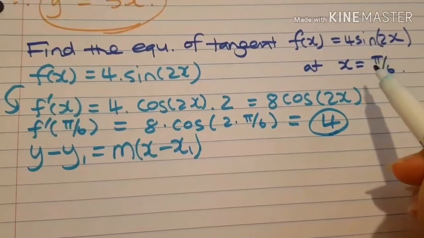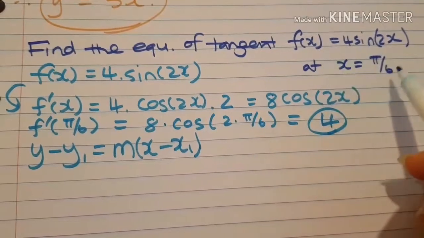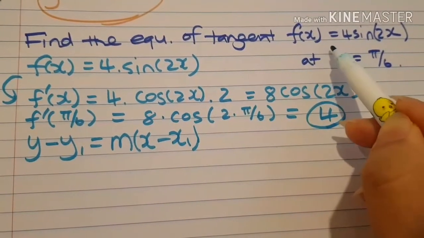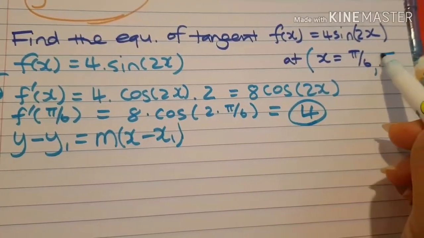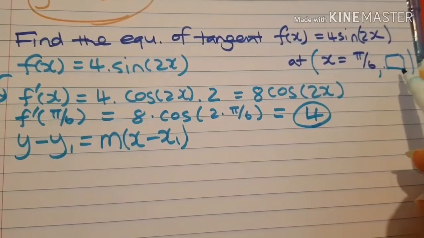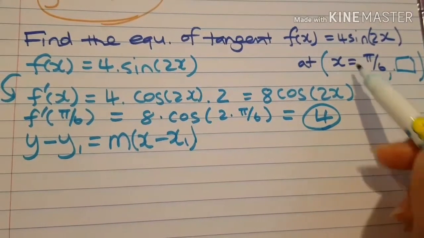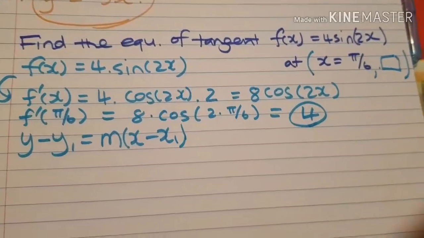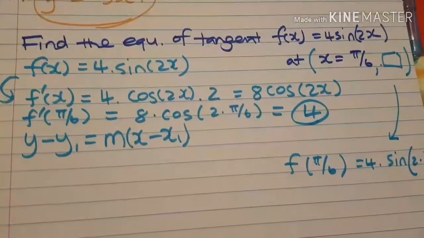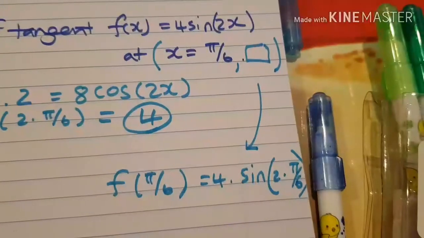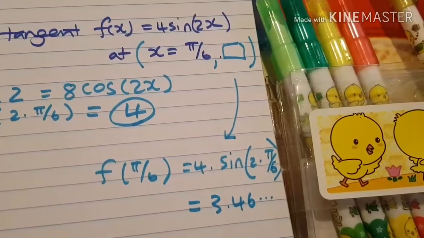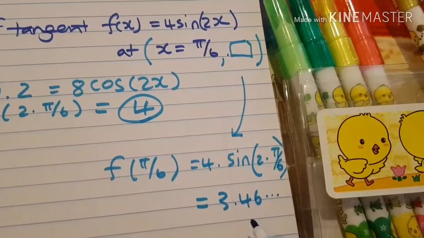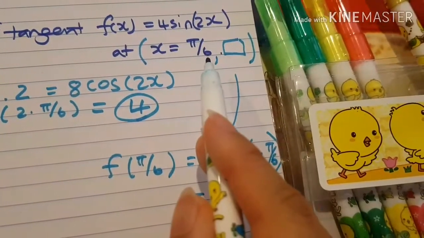However, I only know that the x value is pi over 6, but I do not have the corresponding y value, right? So I need to calculate the corresponding y value by inserting this one back into the original equation and calculate the value y. Okay, like this. Okay, if you do that, I will get 3.46 as a corresponding y value when x is pi over 6.